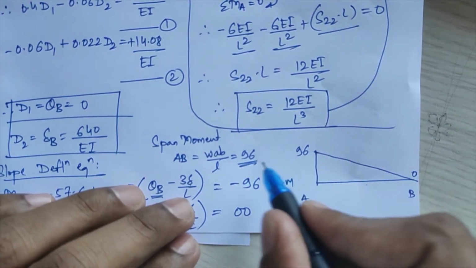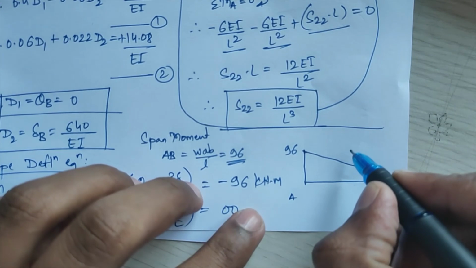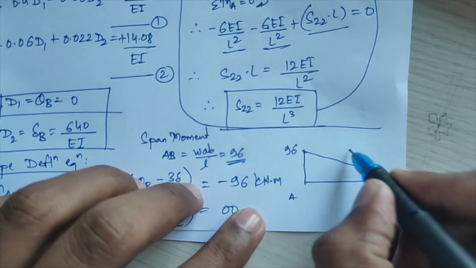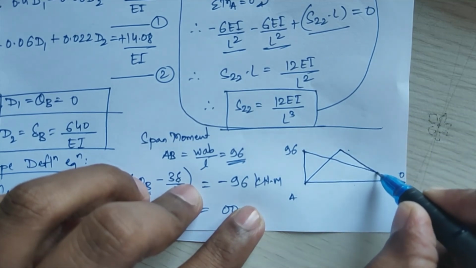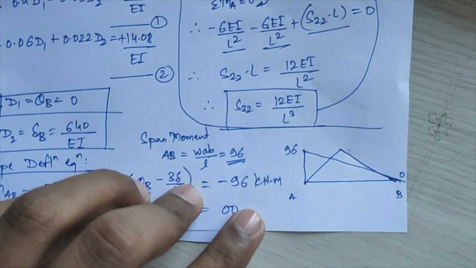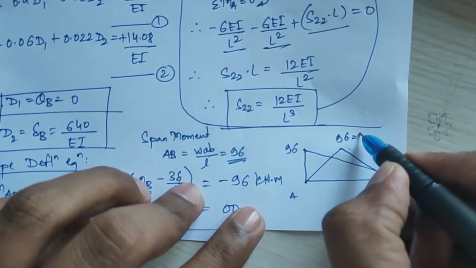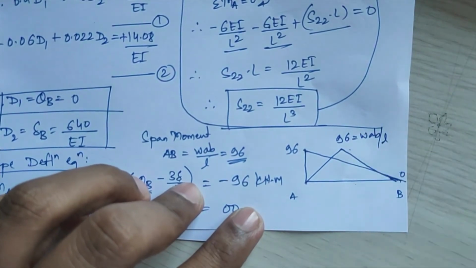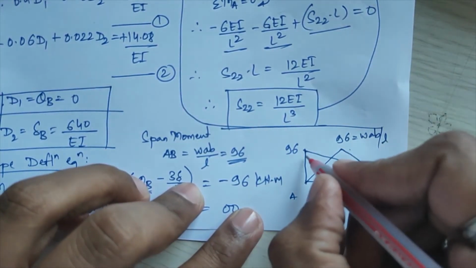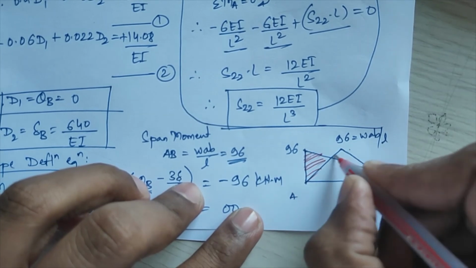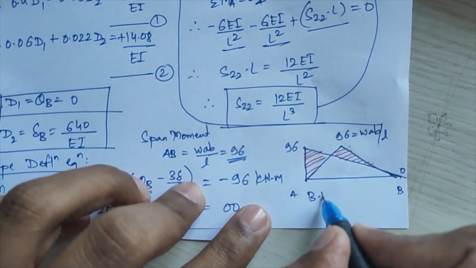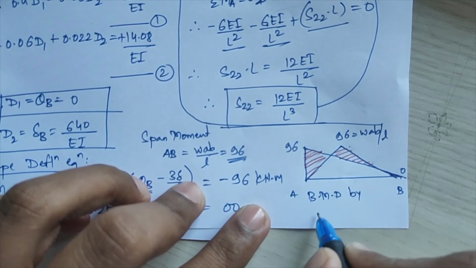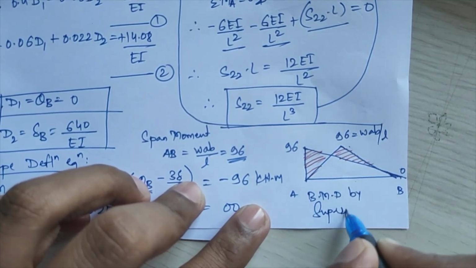That will follow a triangular path over here. That is 96 equal to WAB by L, and just what you have to do is shade the superimposed part. That will give me the BMD by superposition.